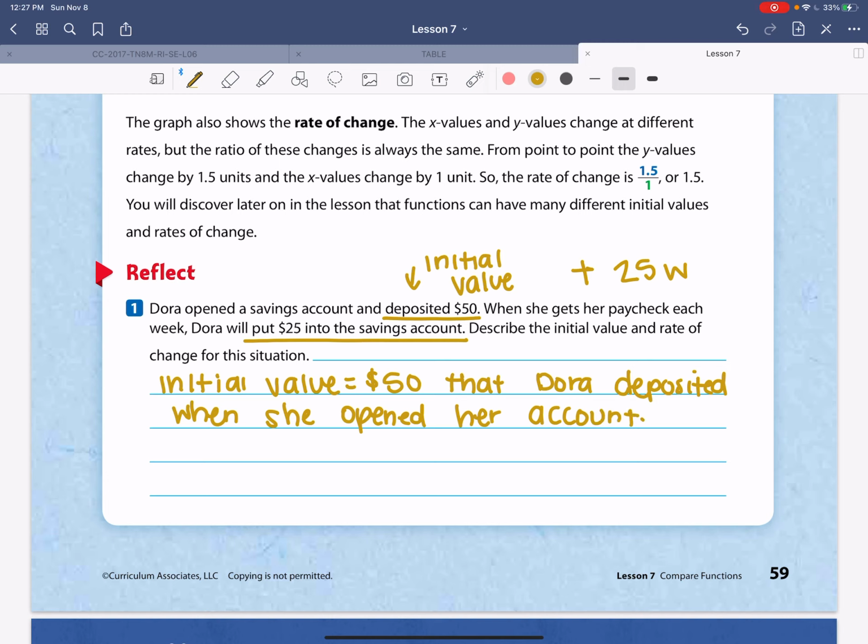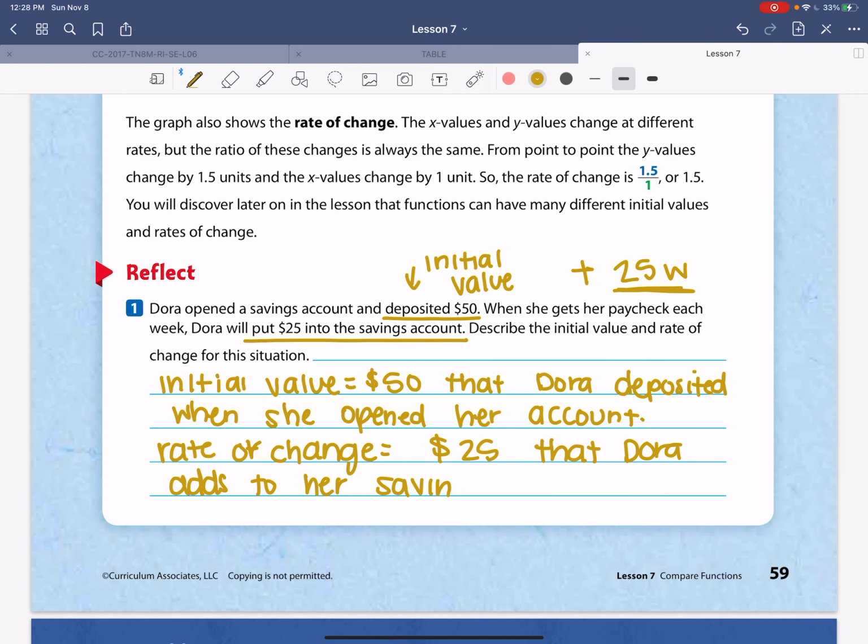And then her rate of change is the amount she adds to the account each week, which is her $25, which again we already discussed here. So her rate of change is 25, and we know that because it's $25 that Dora adds to her savings every week. Okay, and that is all for day 1.